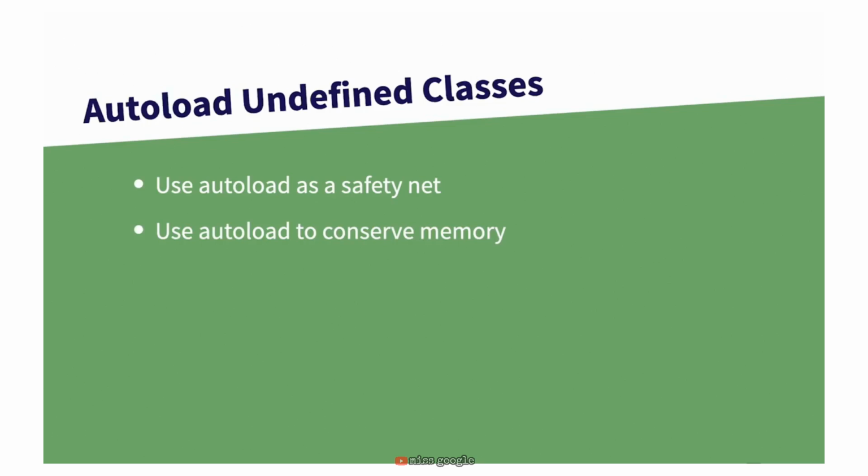Now I could tell my code to always load up all 50 classes and have them all ready and waiting. But what if the particular PHP script that's running is only using 2 of those classes? I just loaded 48 classes that I didn't need. Autoload can instead say, you know what? Only load the classes as needed. Which one of these approaches you take will depend on your particular code. Let's try it out.